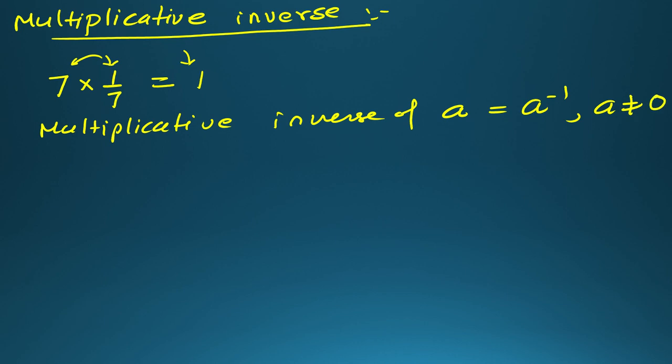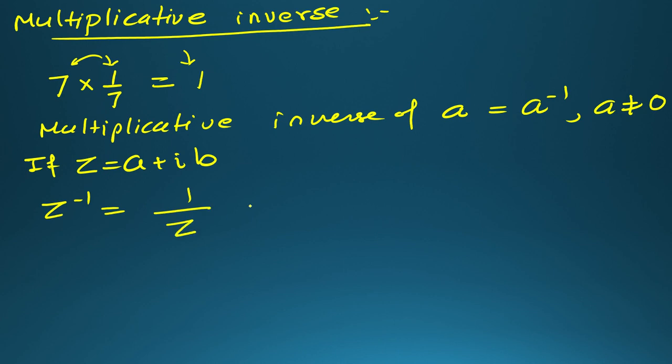This is quite obvious because 1 upon 0 is undefined. Now the same goes for Z also. If Z is equal to A plus iB, any complex number, then Z inverse, that is the multiplicative inverse, is equal to 1 over Z, which means 1 over A plus iB.